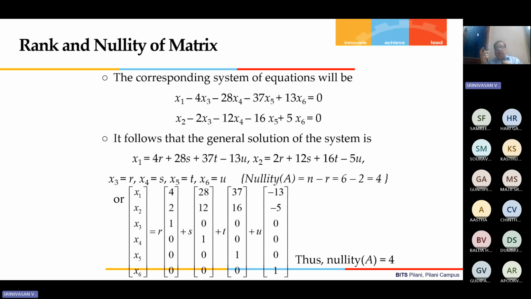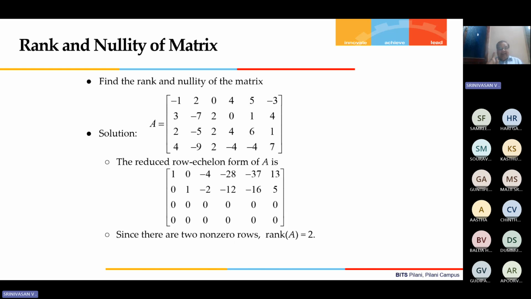Don't jump to the conclusion to say that it is 3. We have not written any linear combination having 3 components, scalars C1, C2, C3. You are given a matrix which is of order 4 by 6. So what is the number of unknowns? That means, what is the number of components each vector has?